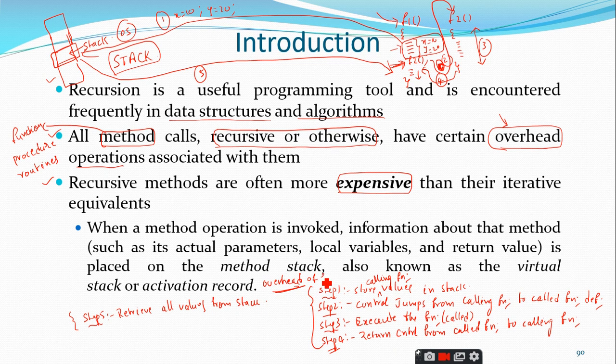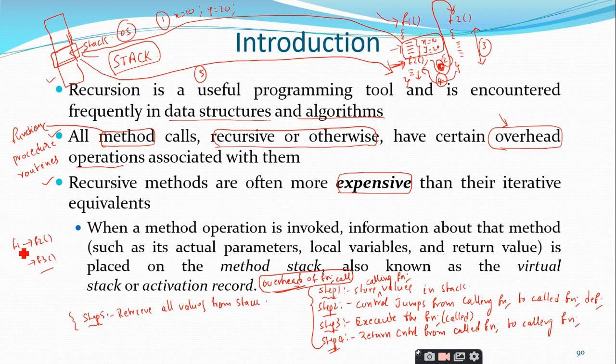Overhead of function call. These 5 steps constitute the overhead that is involved in any function call. If a function f1 calls f2 one time, all these 5 steps will happen. If it calls another function f3, all these 5 steps will happen, but with respect to f3.